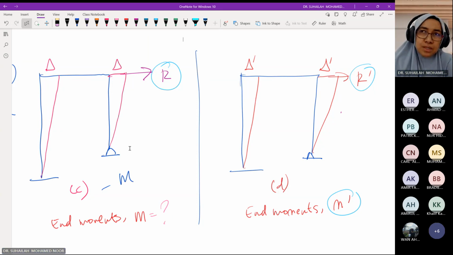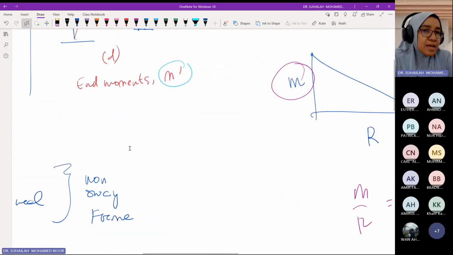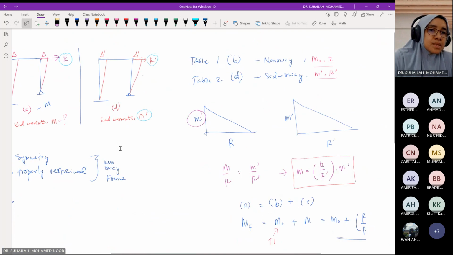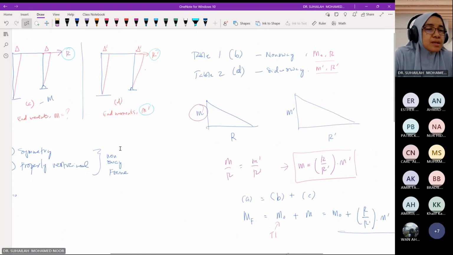So the FEM in D we assume, FEM in diagram D, not C. So it means that we analyze C indirectly, by using diagram D. So in D we will assume FEM, and from that we get M prime. Okay, that's the idea lah.